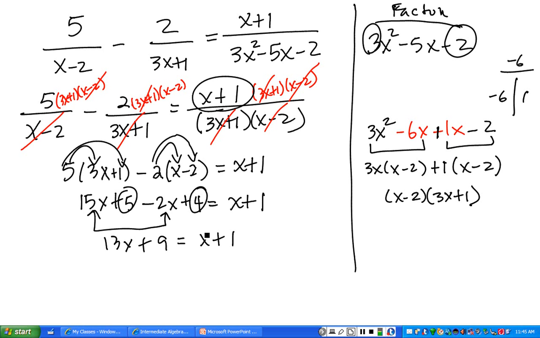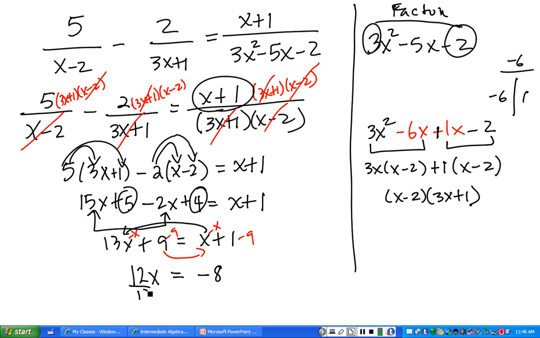Now let's get this x over here with this x. In order to do that, we need to subtract an x from both sides. And we want this 9 to get on this side, right? So we need to subtract 9 from both sides. Therefore, we get, so I'm doing everything in one step, you can do it in 2 steps, 12x equals negative 8.